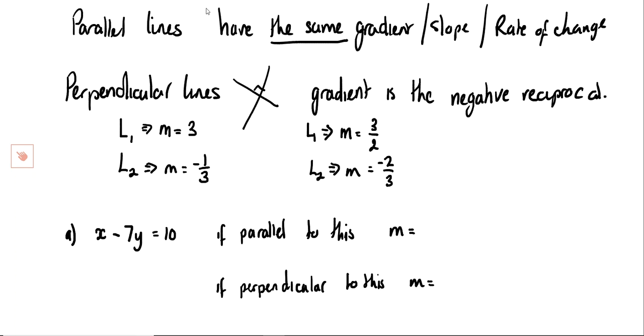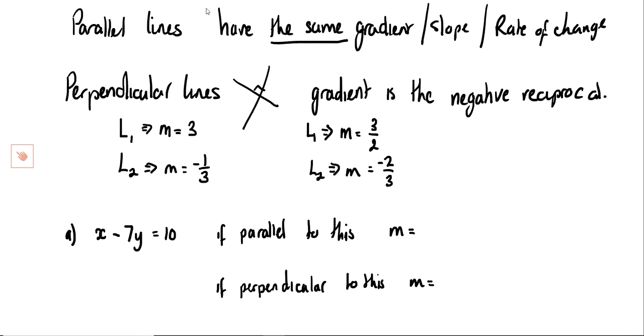It won't have an x in it. It's not -7. It's what? It can't have an x in it. The gradient. What does gradient mean again? Rate of change.